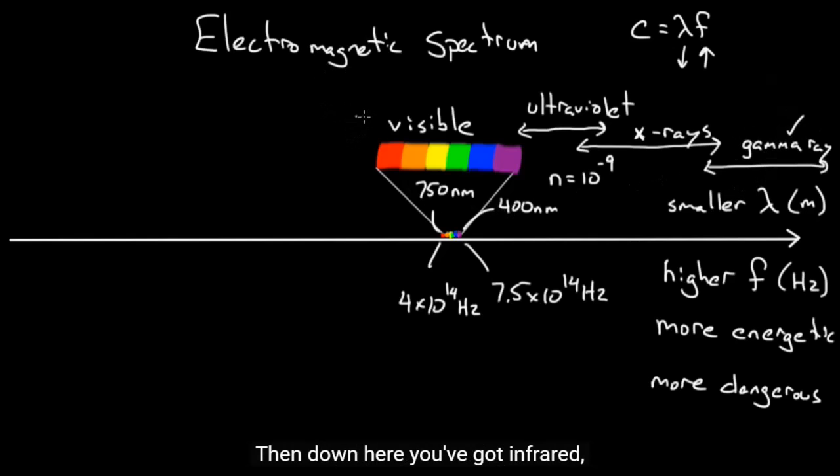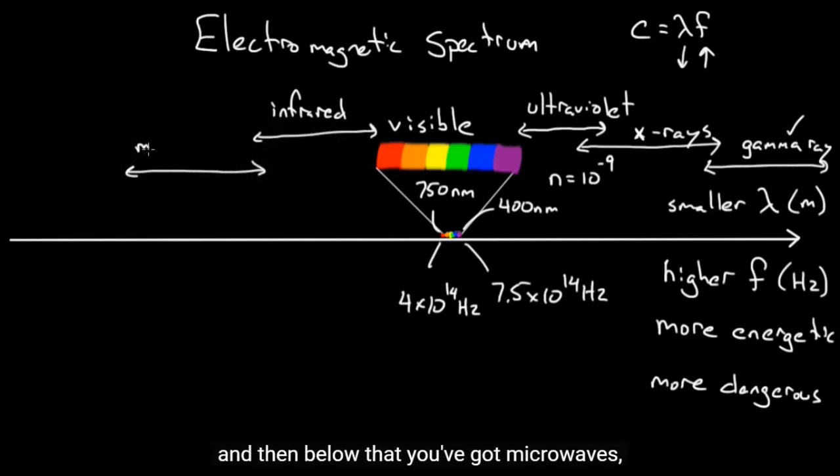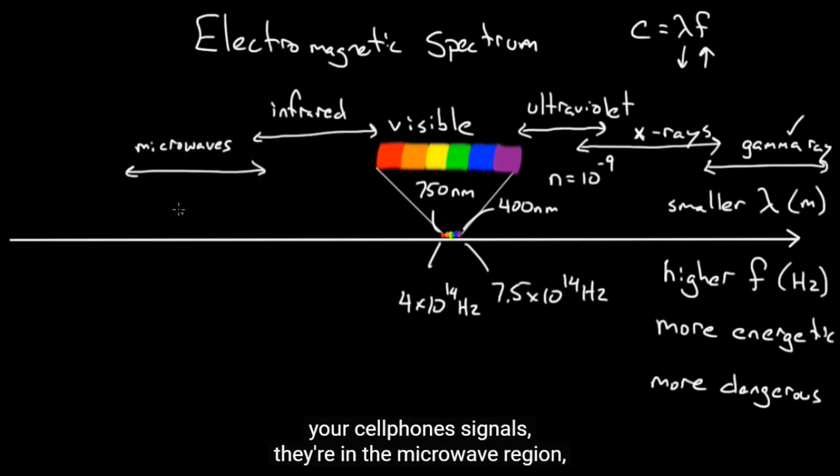Then down here, you've got infrared. So this would be below red. You couldn't see this either. And then below that, you've got microwaves. And in this region, there's lots of useful stuff. Your cell phone signals are in the microwave region.